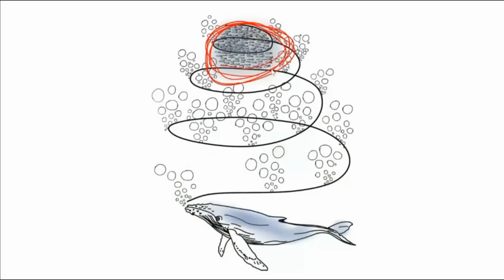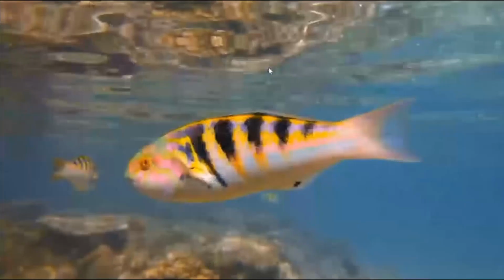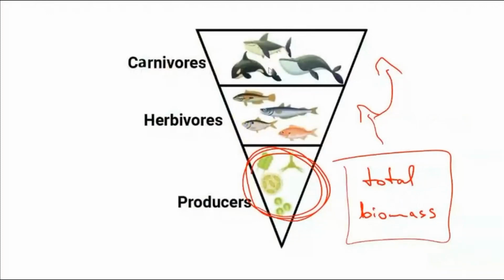Now, actually, if we just go back up, one thing I should have said about this inverted food pyramid here, because we've got fewer producers at any given time, but remember it's a rapid turnover, so they are able to supply the energy needed for the higher organisms. But this actually means that if there's any interference with the food web or the food chain, if there's any issue, it could be more disastrous than issues on land.